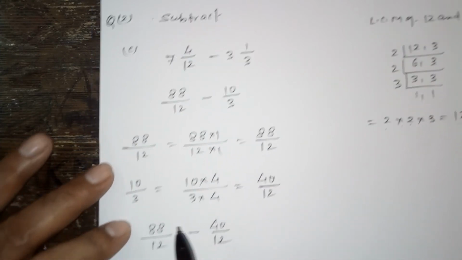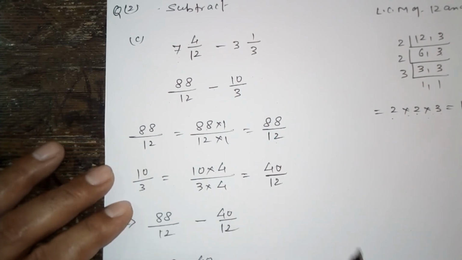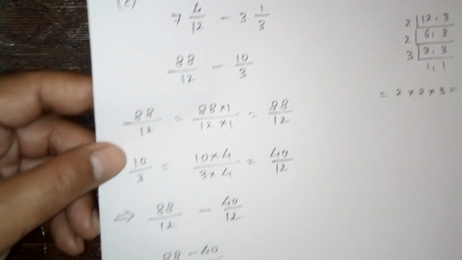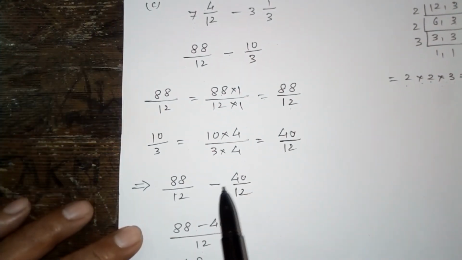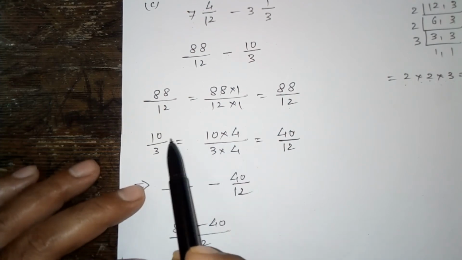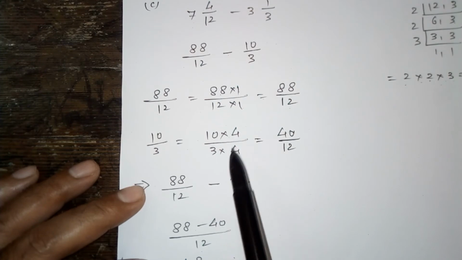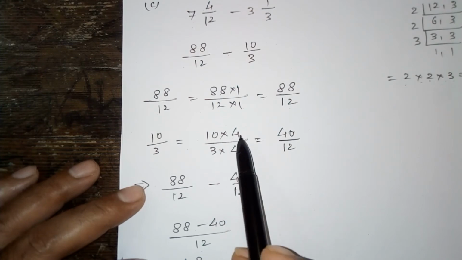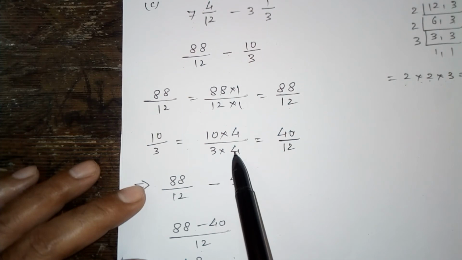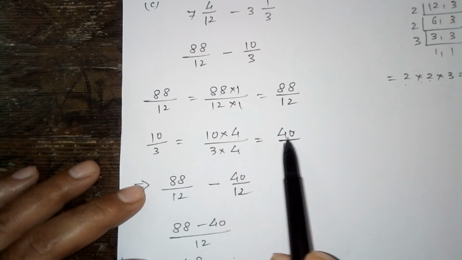Okay. Again, 10 upon 3. 3 converted to 12. How will you convert 3 to 12? You know very well, 3 fours are 12. So in numerator and denominator, multiply by 4. 10 fours are 40, 3 fours are 12.